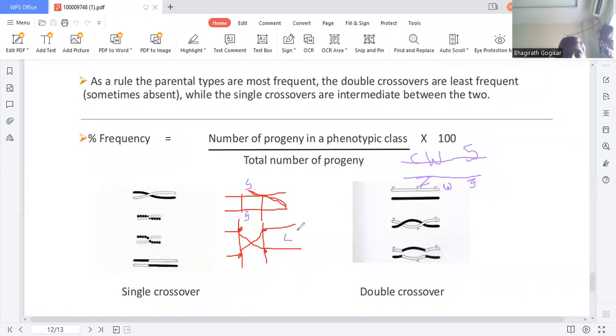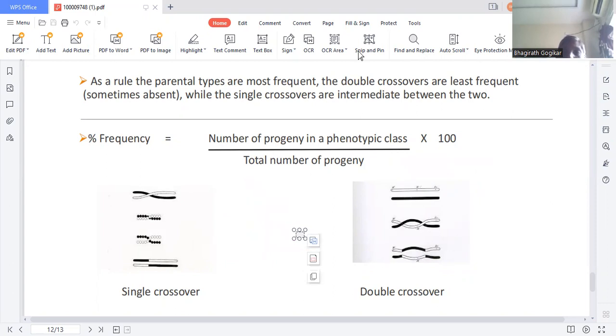That's why the combination is like this, capital C, small s, capital C, small s. The capital S is exchanged with small s with reference to two points.